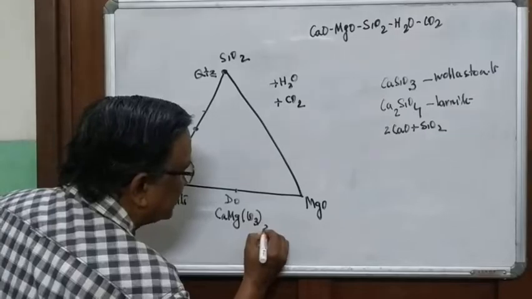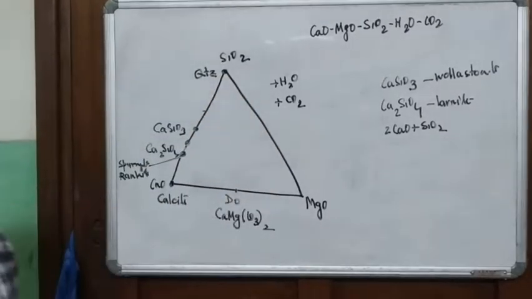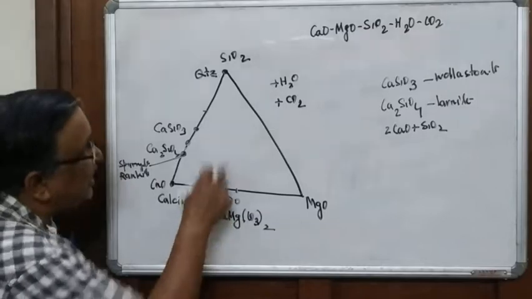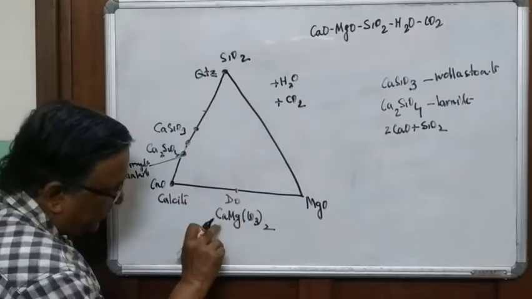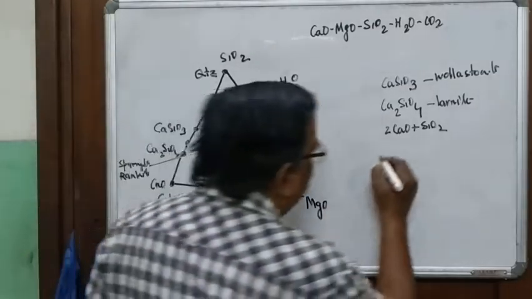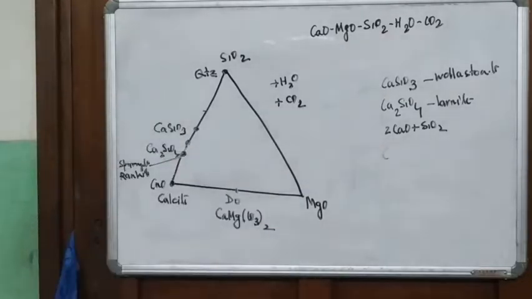CaMg(CO3)2. Before that, what I erased, I should have written dolomite. I forgot. Too many minerals to remember. This is dolomite at the 50:50 line. You see there is no silicon because silicon is 100 here. Along this line, silicon is 0. So this is dolomite.